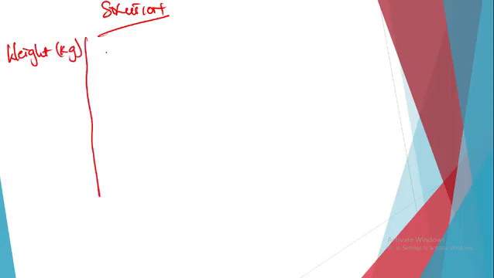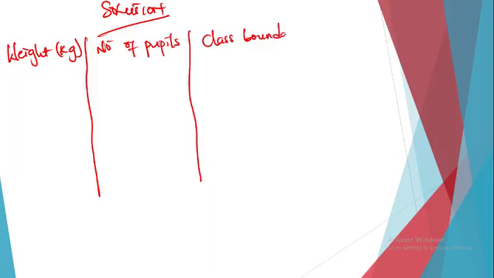The first thing we need to do, solution, is to prepare our class boundary. How do we do that? We have our weight, which is in kg, we have our number of pupils, and then we have class boundaries. I hope we still remember how to determine class boundaries.